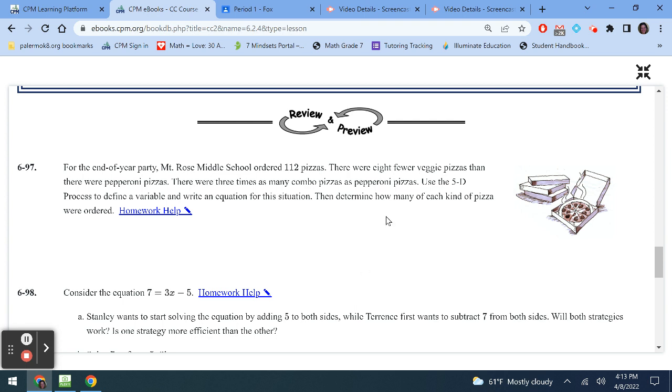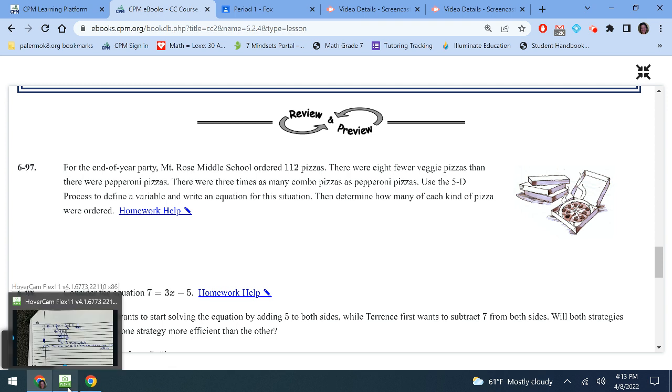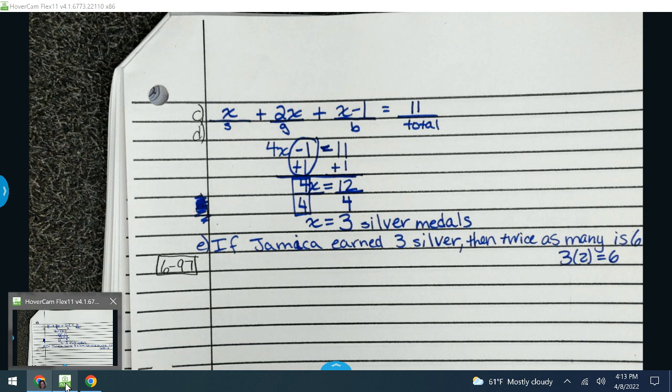So veggie has been listed once, pepperoni also once. There's 3 times as many combo pizzas, just once, as pepperoni pizzas. Ooh, that's twice. So I think I know what my X is going to be. It's the key that unlocks the rest of them. Once I know what pepperoni is, I'm going to be like bam, bam, bam for the rest of them.